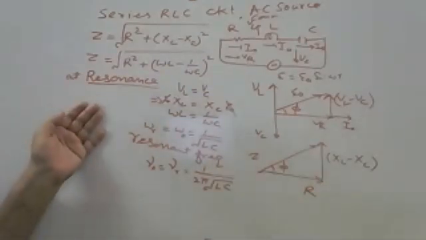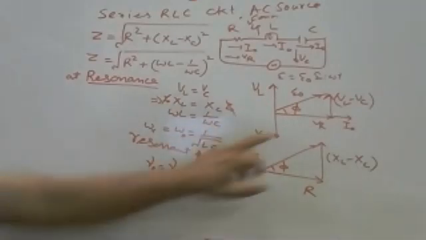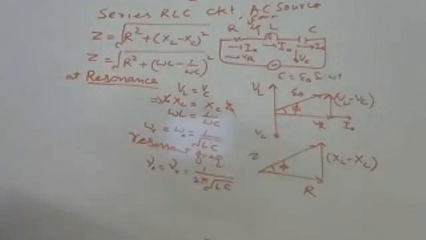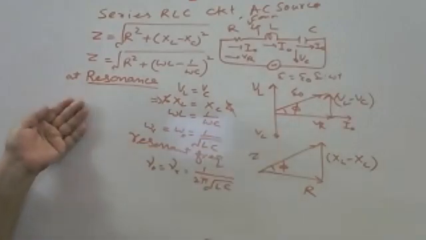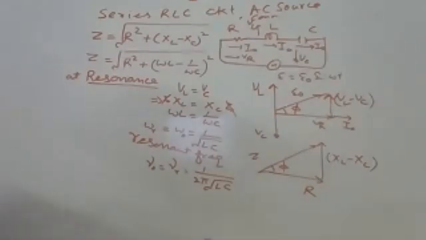So what will happen? These two cancel out. We are getting the voltage across the resistance only. And this whole RLC series circuit will behave like a pure resistive circuit. It was the case of resonance.